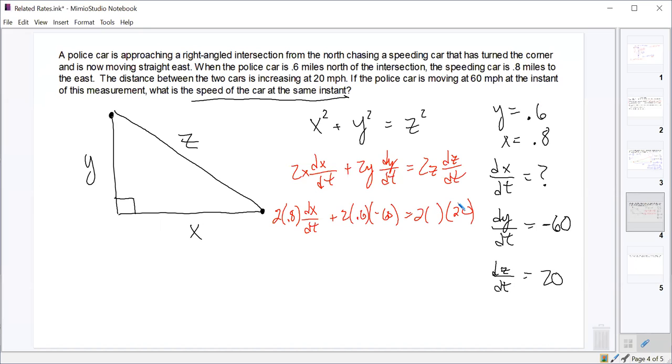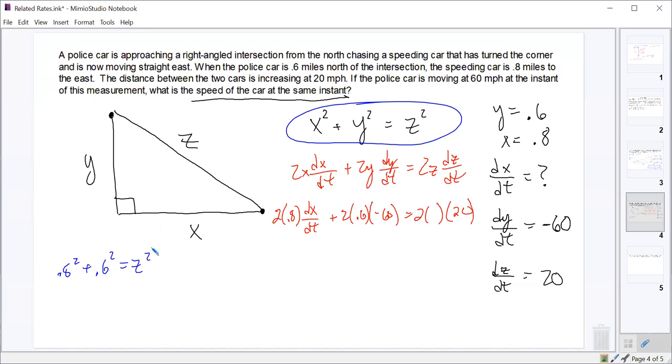So how can we find z? Square root of x squared plus y squared, using our original x squared plus y squared equals z squared. So 0.8 squared plus 0.6 squared equals z squared.